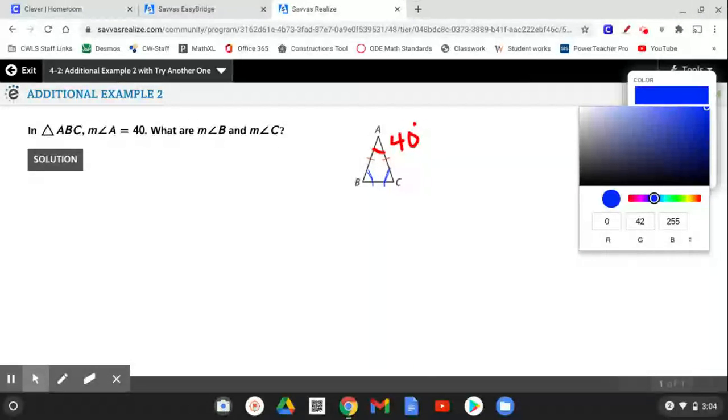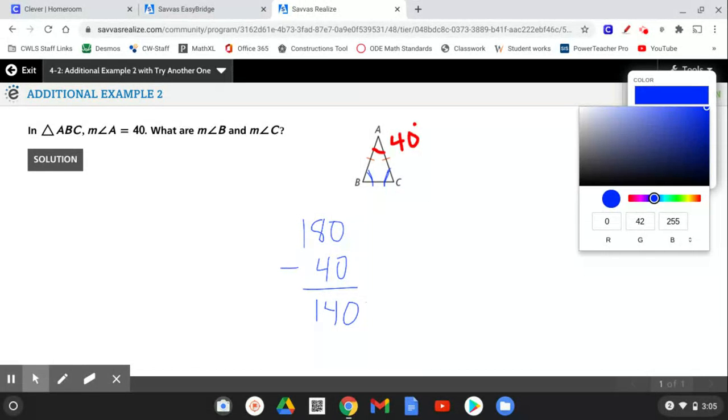To solve a problem like this, we know that the sum of all angles in a triangle is 180. We are going to subtract 40, and when we do that, we get 140. That's not angle B or angle C; that is the total angle degrees that are left. But we know that angle B and C have to be the same thing.